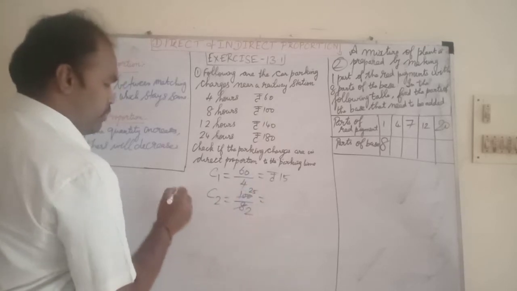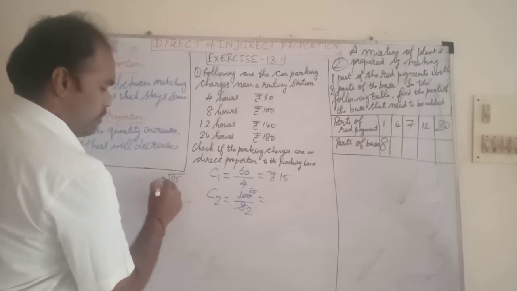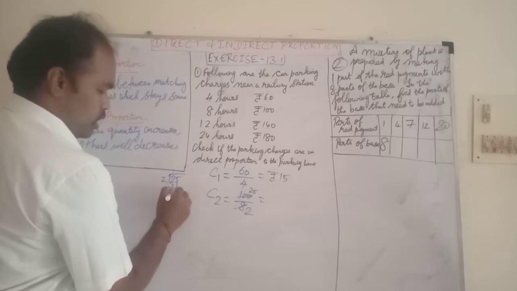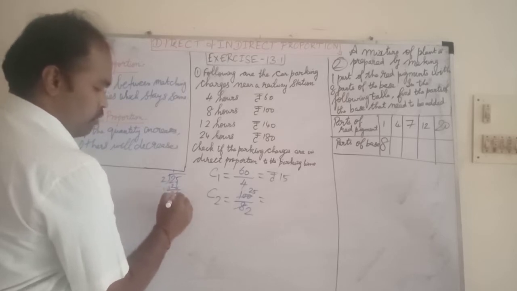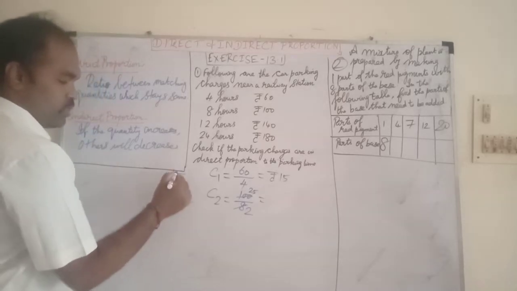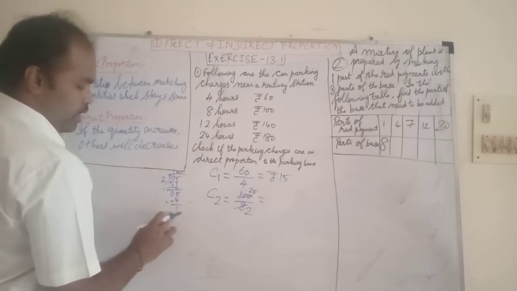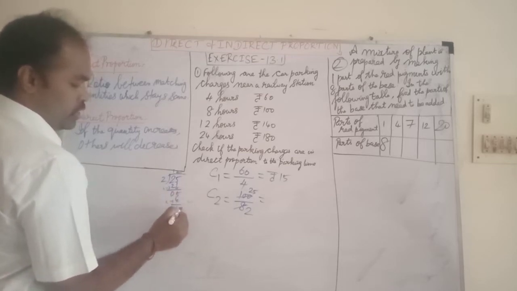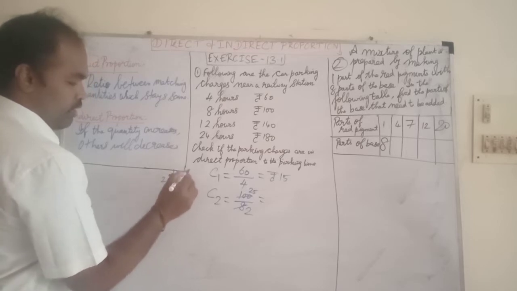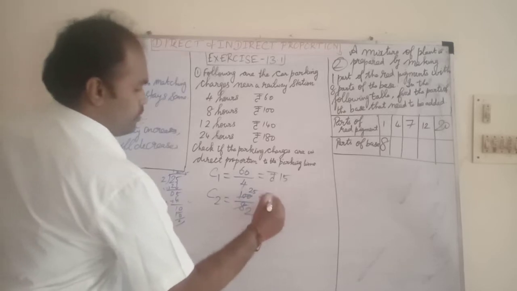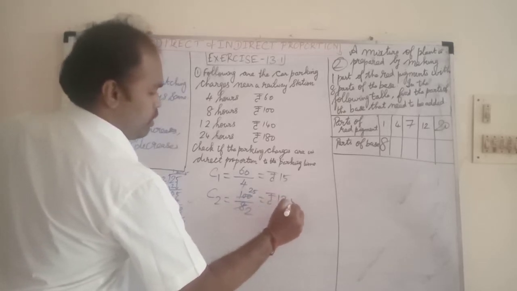So 25 divided by 2: 1 two is 2, 2 minus 2 is 0. Now we add the 5. 2 twos are 4, 5 minus 4 is 1. Here we add 0 and a decimal point. 5 twos are 10, 10 minus 10 is 0. So rupees 12.5.